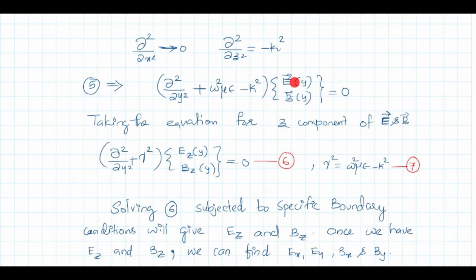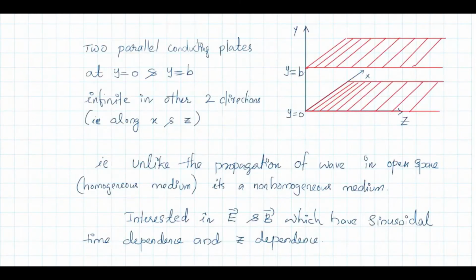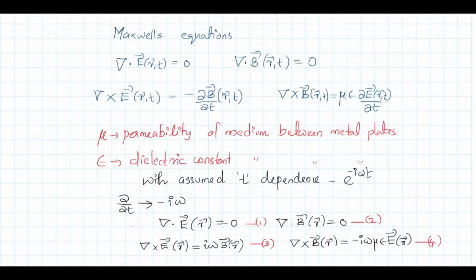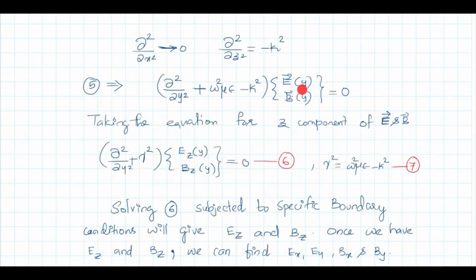If you are thinking of electromagnetic waves in free space or in a medium which has no boundaries, this E and B are constant. Now this has a y dependence. Why this y dependence? Because there is a boundary. There is a metallic conductor at y equal to b and y equal to minus b. This makes this electric and magnetic field have a y dependence.